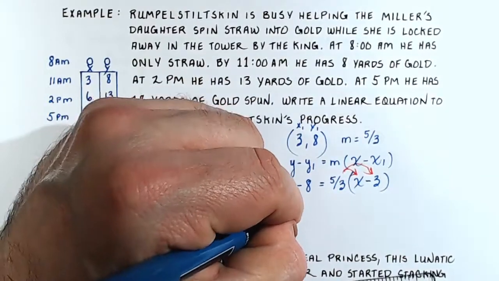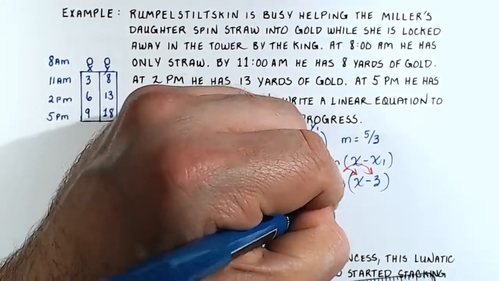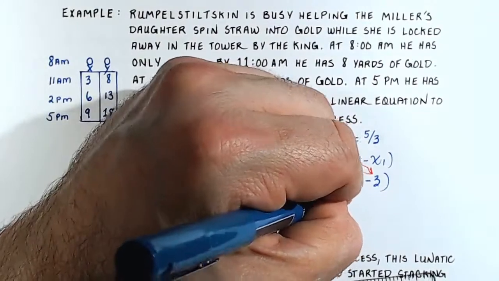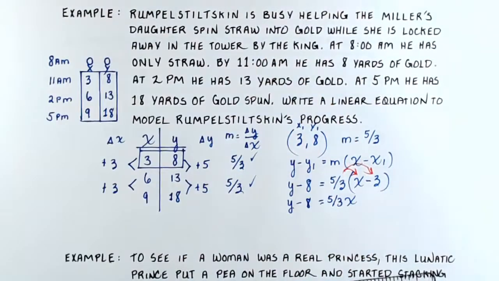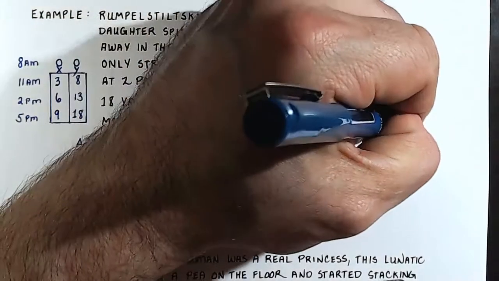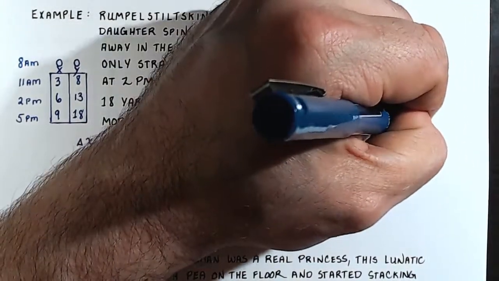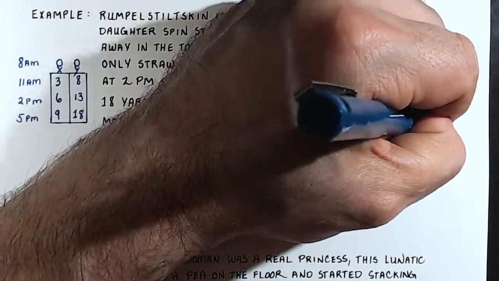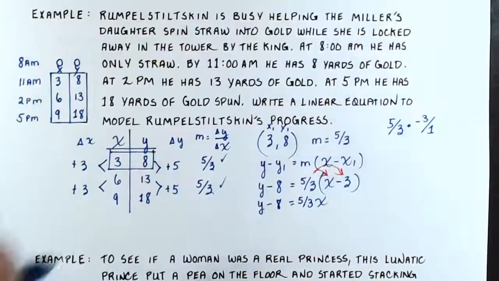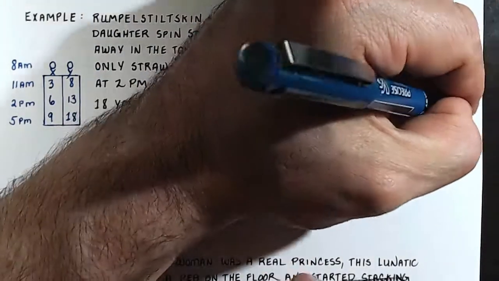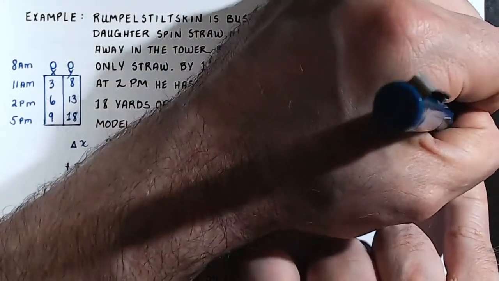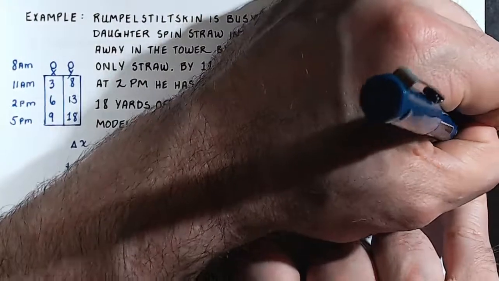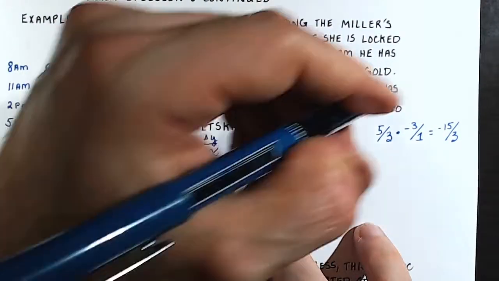And I have y minus 8 on the left, unchanged, equals 5/3 x minus 5/3 times 3. Okay, this one might be worth some side work here just so we don't make a mistake. So this is 5/3 times -3. And that's -3 over 1. So you end up with -15 over 3, which is just -5.